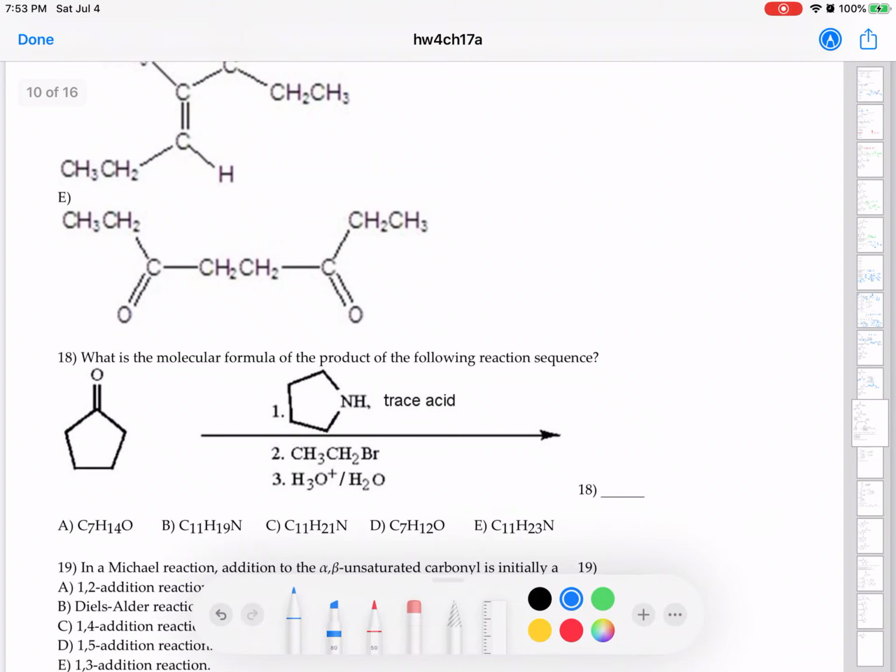So we can go ahead and draw the formation of the enamine. It's a single bond right there.